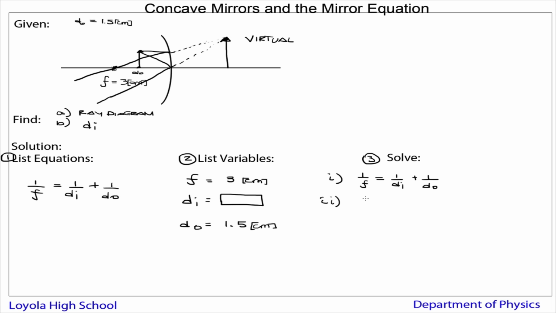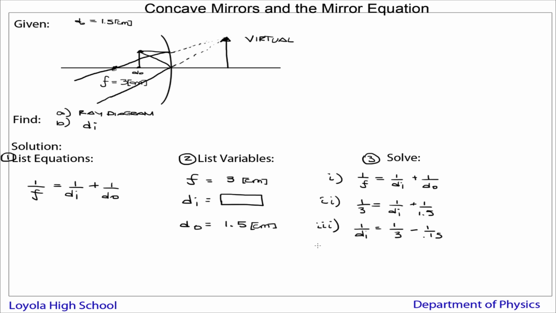Second sub-step is going to be 1 over 3 equals 1 over di, because we're trying to find di, plus 1 over 1.5. So I just plug the numbers in there. The third sub-step, I'm going to solve for di. So I'm going to bring this term over to the other side of the equation, so 1 over di is equal to 1 over 3 minus 1 over 1.5.